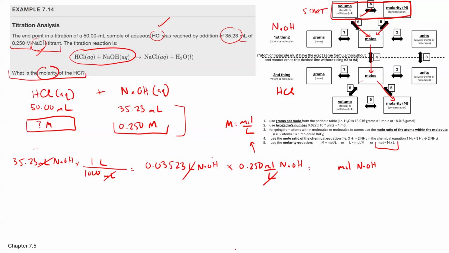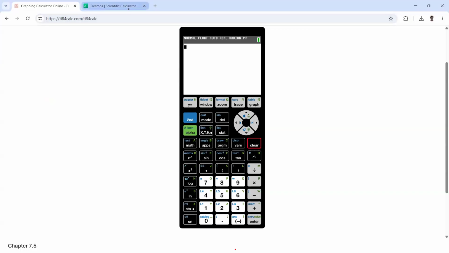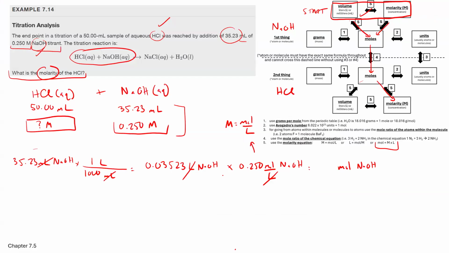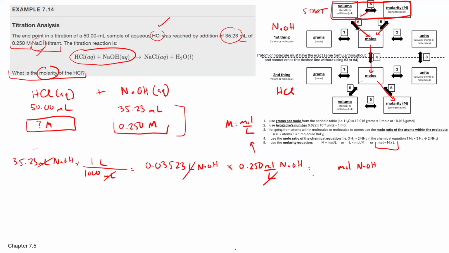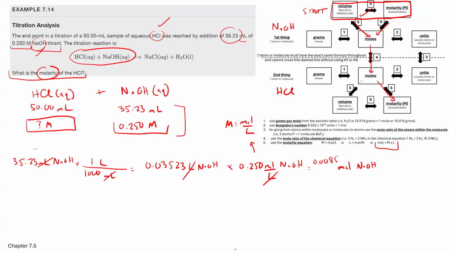0.03523, I believe. 0.03523, yep, times 0.250, gives 0.0088075.